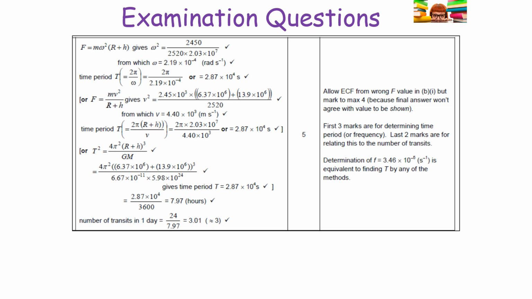So you get 2.87 times 10 to the 4 seconds. Then once again show that it's approximately 3 transits in one day by working out how many seconds there are in a day, divided by that value, and you'll see the number is approximately 3.